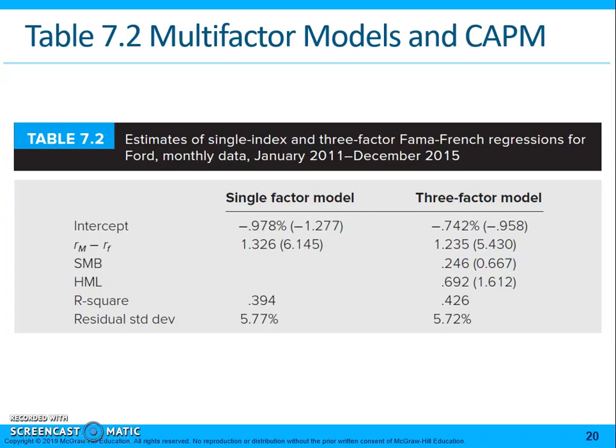This tells us whether these numbers are statistically significant. In order to be statistically significant, the T statistic needs to be somewhere in the neighborhood of 2, 1.95, 2, somewhere in that neighborhood. So we can see that in both cases, the excess return on the market is highly significant.